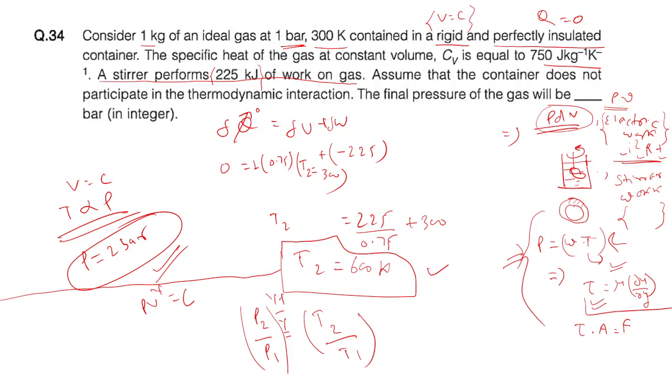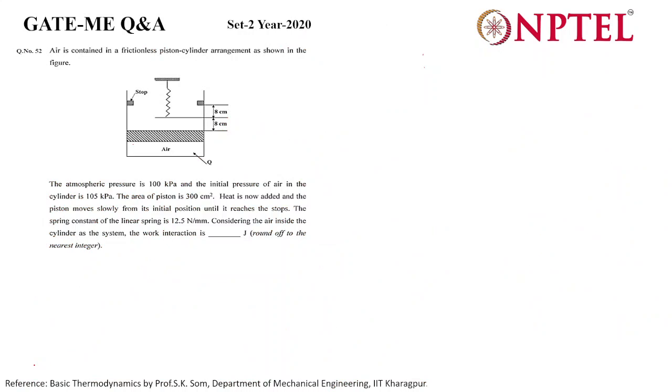That you are asking, right? Yes, sir. Okay. How did you get this equation? PV to the power gamma is equal to constant, and here we put PV is equal to mRT, and that we have. One minute.